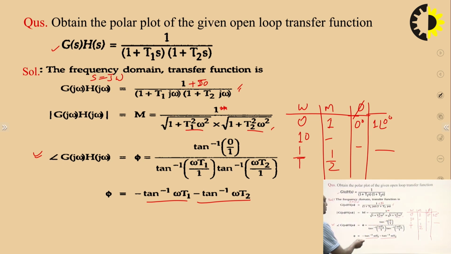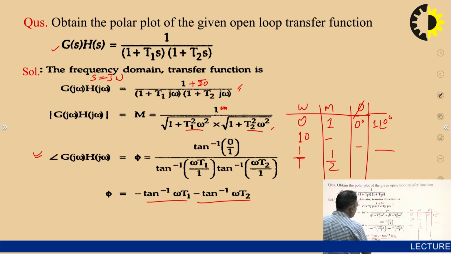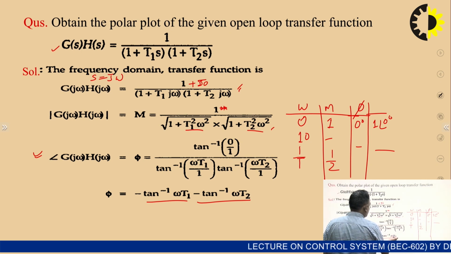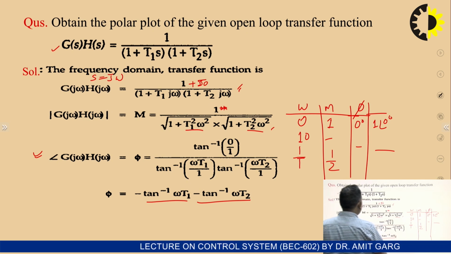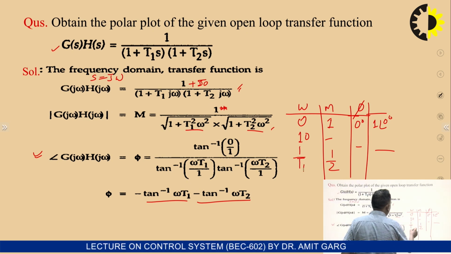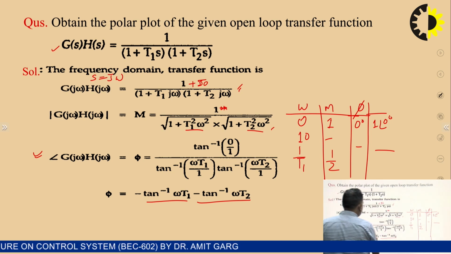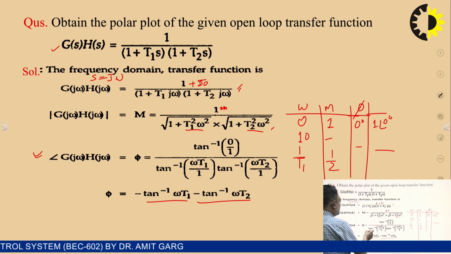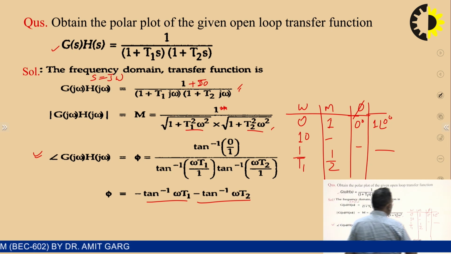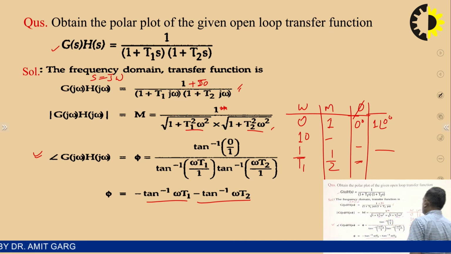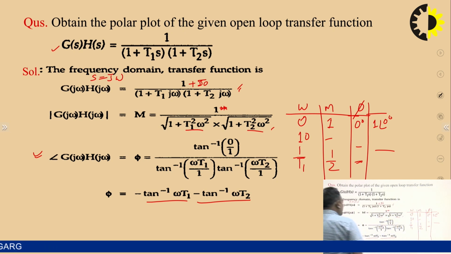And here you will put omega equals 1 by t1, so it is minus tan inverse 1, which is minus 45, minus tan inverse omega t2. You can solve it. Okay.